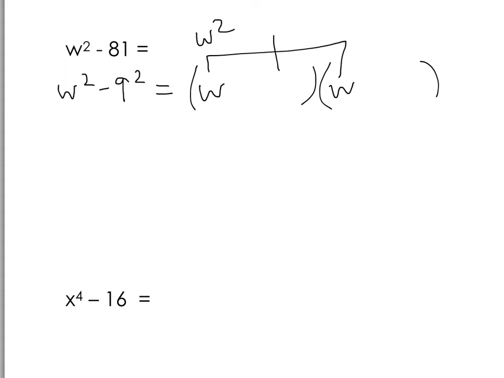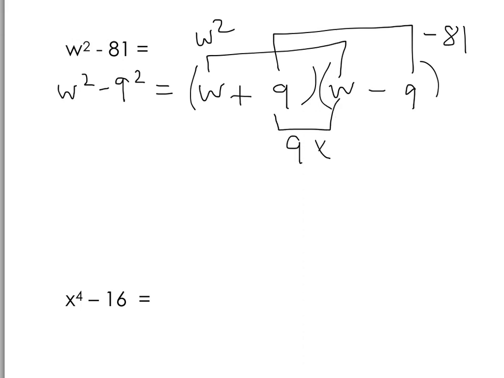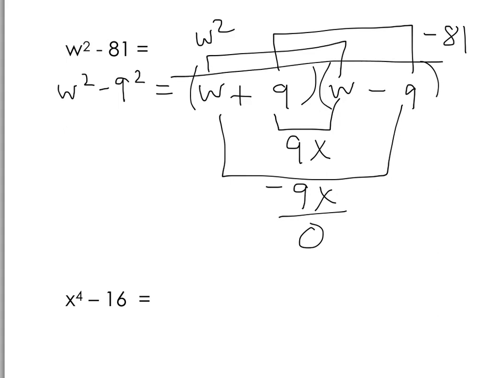You want your last to be equal to minus 81. 9 and 9. It's got to be a minus 81, so it has to be a plus and a minus. There is no middle term, and when you do your outside plus your inside, they cancel each other out. You get 0. So w plus 9, w minus 9. That's our solution.